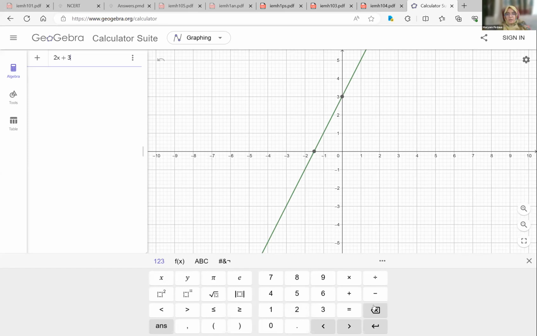Did you see what 2x looked like? 2x looks like this. Look at the green line on the graph. This is the graph of the equation 2x. Now he said plus 3y. When I'm adding plus 3, this is 2x plus 3. See what it looks like.